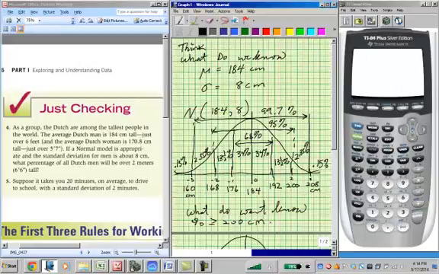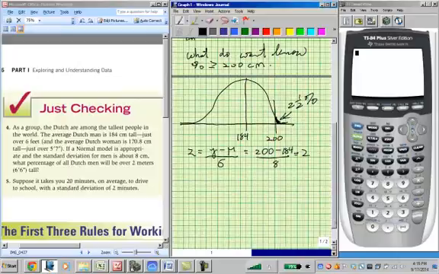And we found that it's 2.5%. And the preconditions, were they satisfied? Well, there were no preconditions for us to worry about because we're told in the problem that the normal distribution applies. Since we're told that the distribution of adult Dutch men is approximately normal, our condition is satisfied, we can go ahead and apply the normal model to answering our question to find out what we want to know.